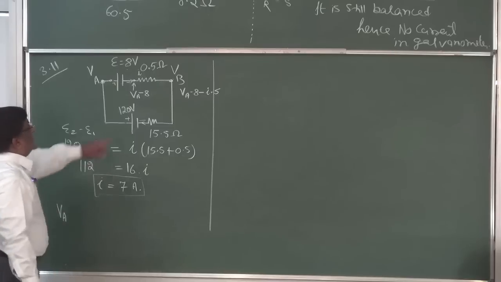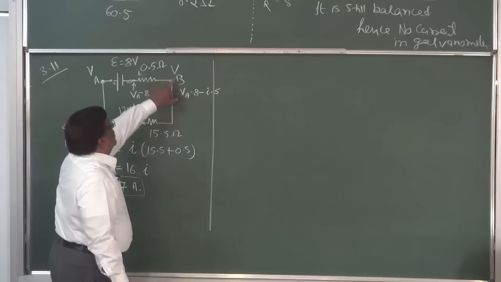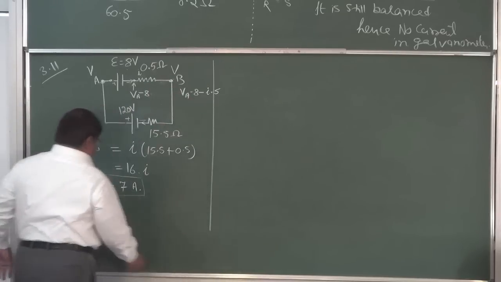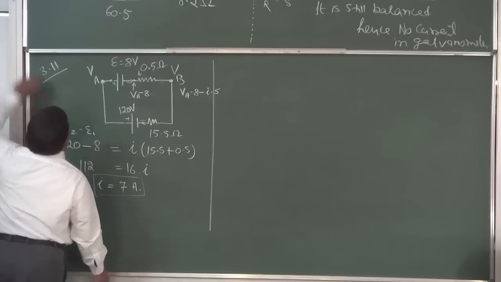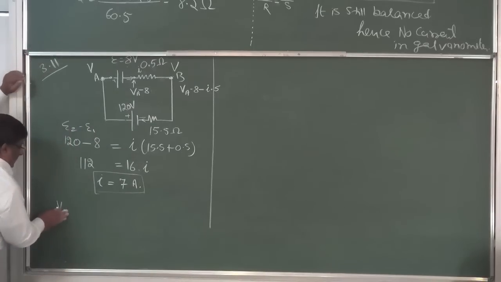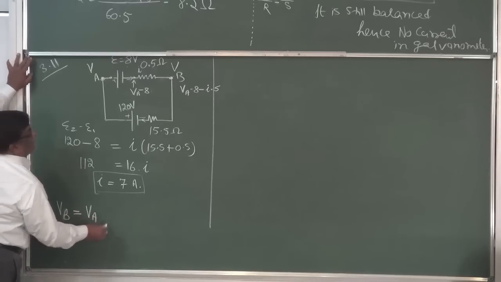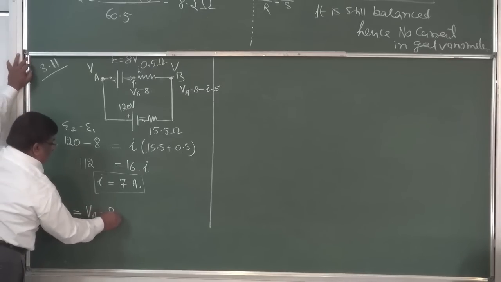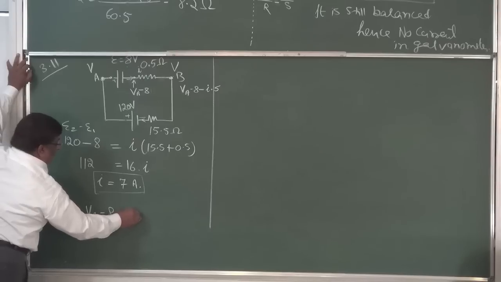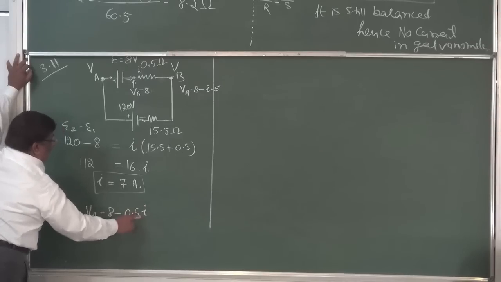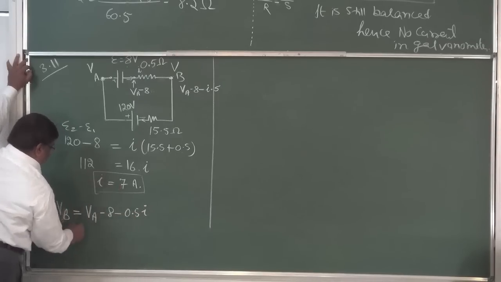Okay, so where we have reached now, this potential is VB. So what is the equation we get? We get VB is equal to VA minus 8 minus 0.5 into I, and I is how much? 7.